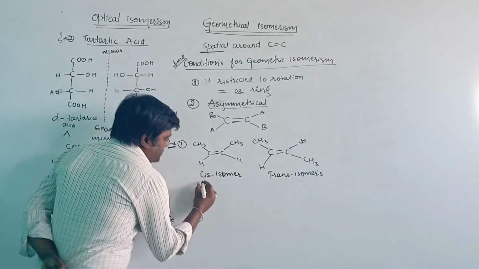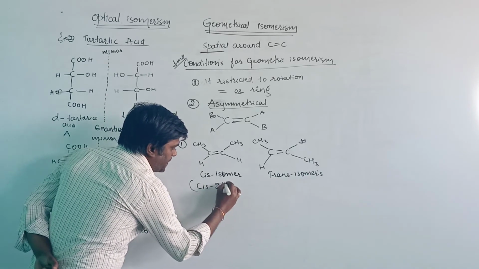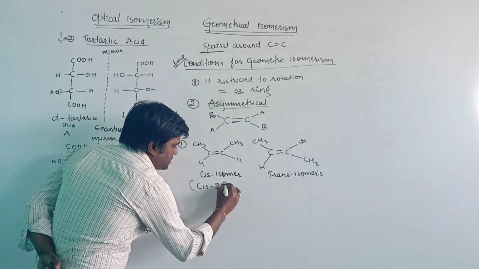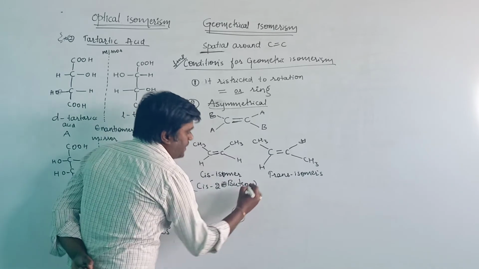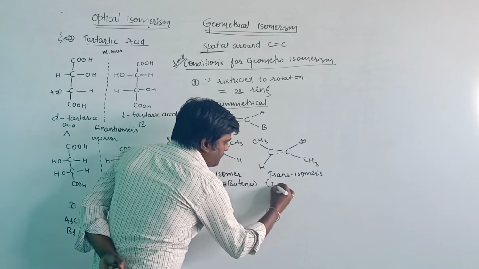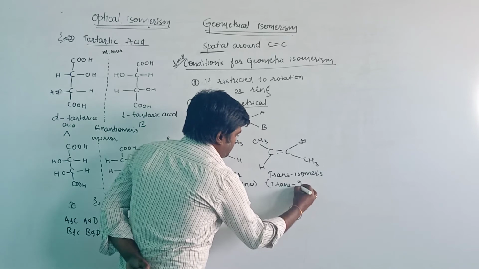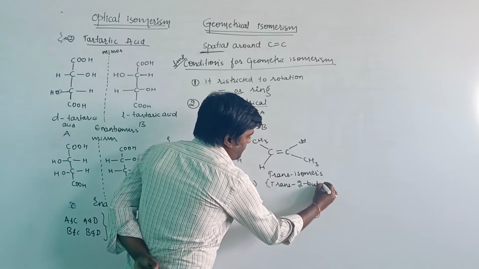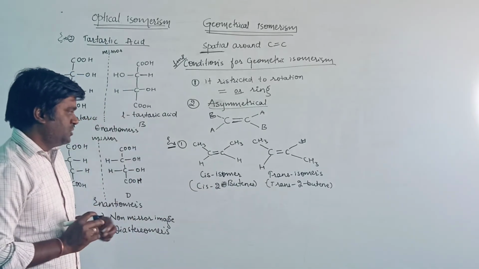Here the compound is cis-2-butene, and here trans, that is trans-2-butene. These two are the geometrical isomers.